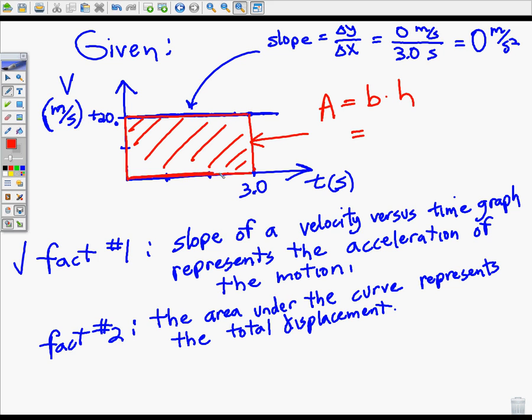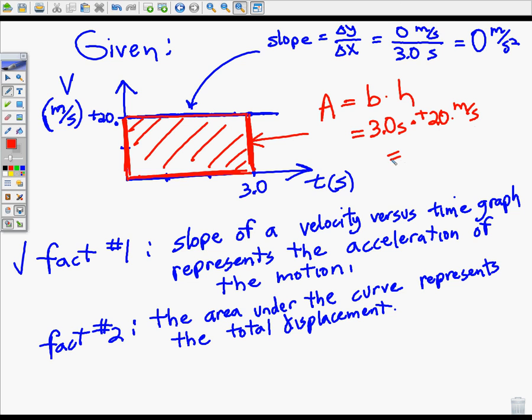This is the base right here, 3 seconds. The height is this right here, which is the same over here. So what is that height with units? Positive 20 meters per second.